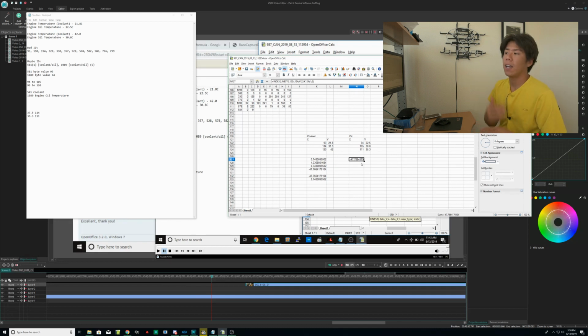I guess before we get into that, if the function has to be exponential, it's going to be completely different, but for the most part, these sensors are pretty much always linear. Okay, so the function is for OpenOffice. I don't know what it is for Excel. Index minus, and then my first column of data, which is always going to be my y, then my x, close the function.